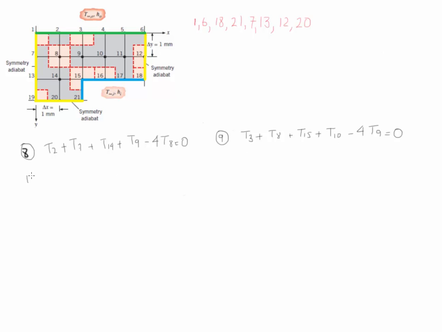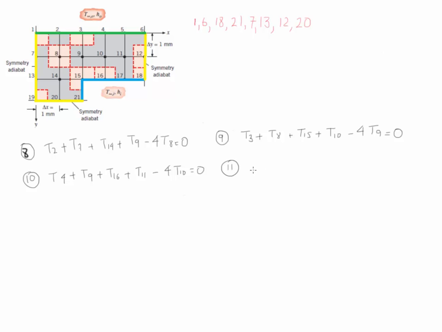The next node is number 10. The surrounding nodes are 4, 9, 16, and 11. So we write it as T4 plus T9 plus T16 plus T11 minus 4 times T10 is equal to 0. Next node is node number 11.